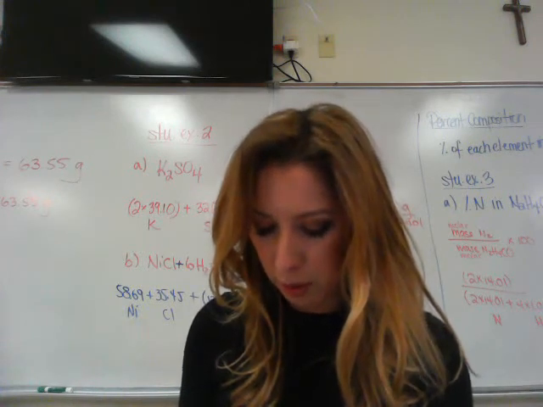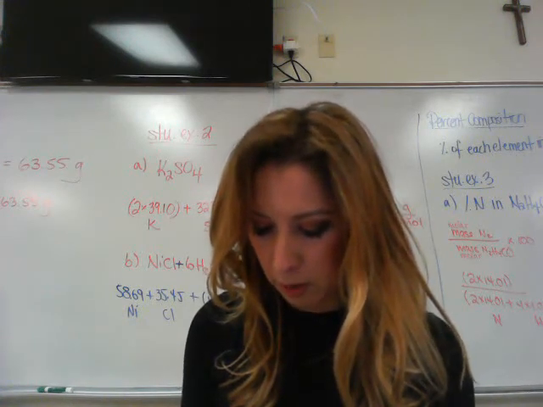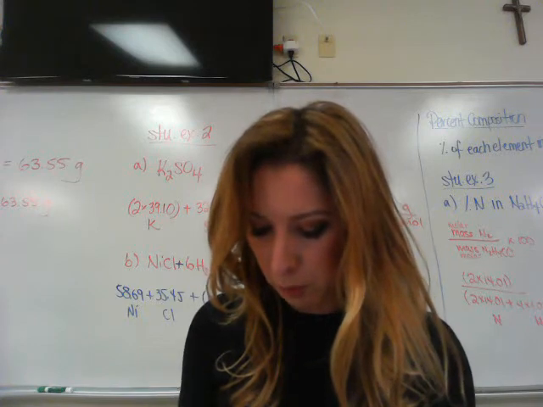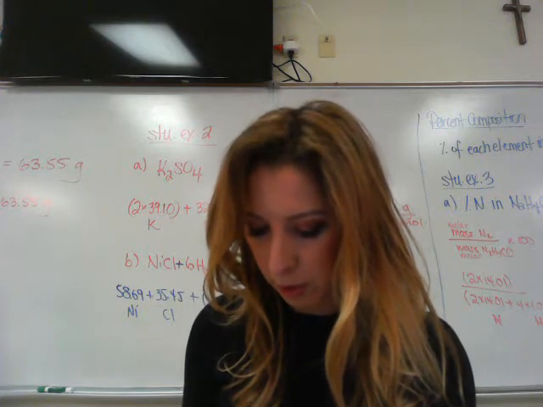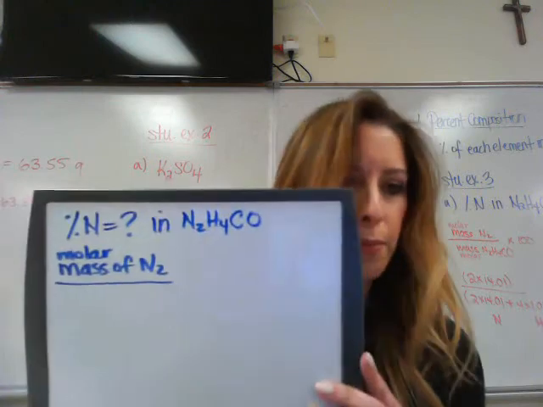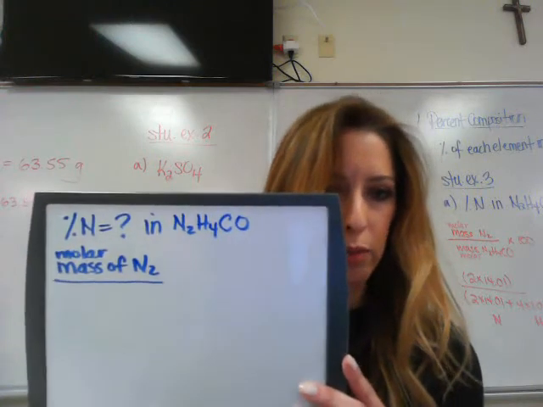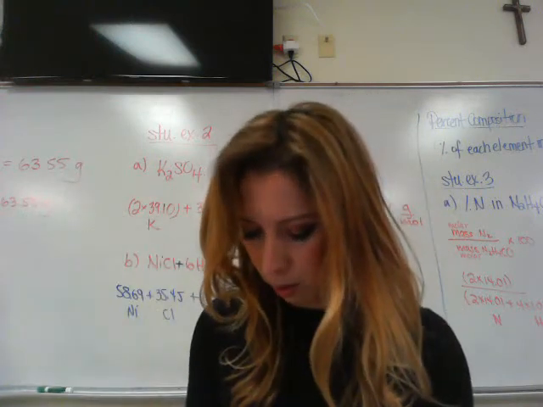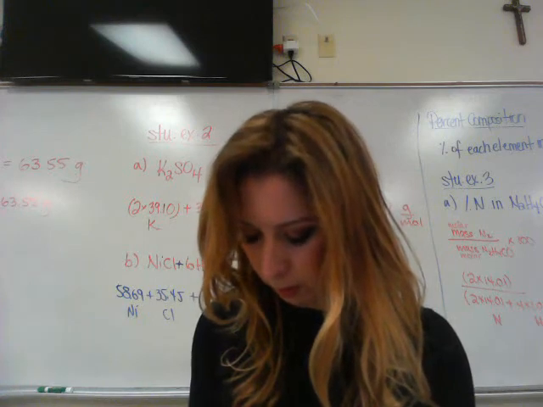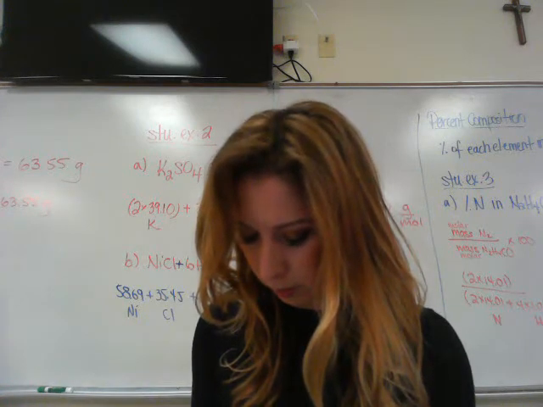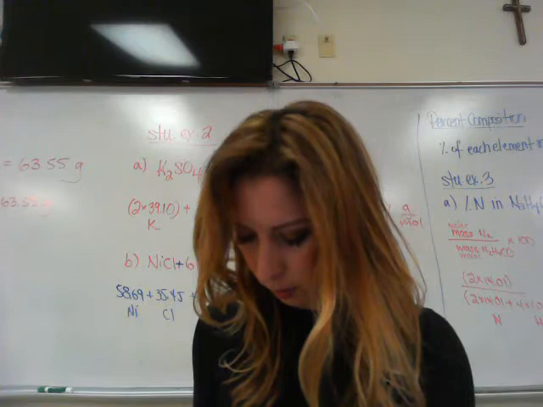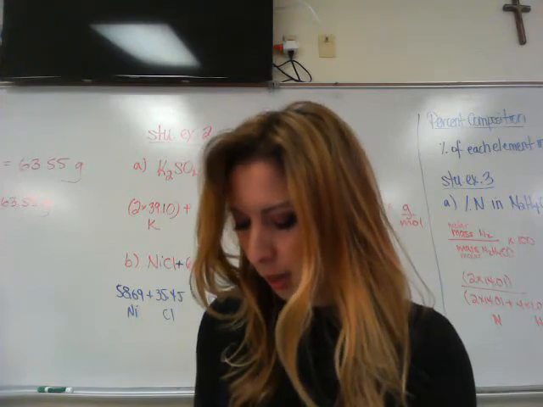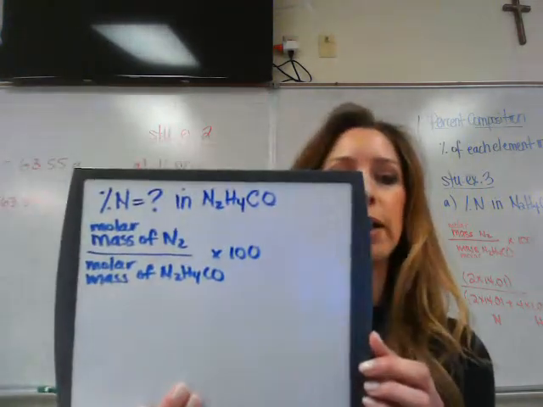So you're going to have the molar mass of N2 on the top, and we're going to divide it by the molar mass of N2H4CO on the bottom. And then we're going to multiply it by 100.